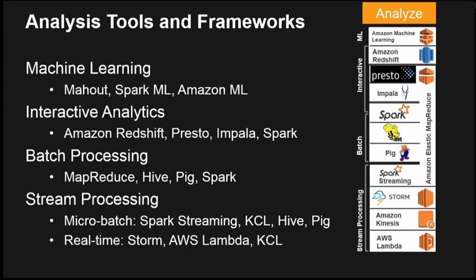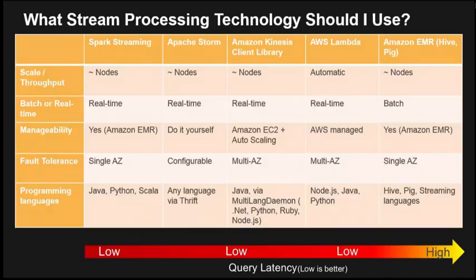For batch processing, typically it's Hive supplemented with Pig, Spark, or some of the old systems are still in MapReduce. For stream processing, people tend to use Spark Streaming or KCL for sort of a micro batch semantics. And then for real time, AWS Lambda is very popular, coupled with KCL as well as Apache Storm.